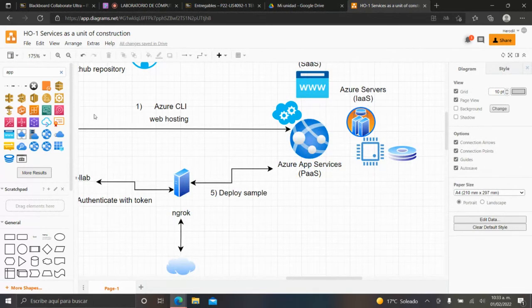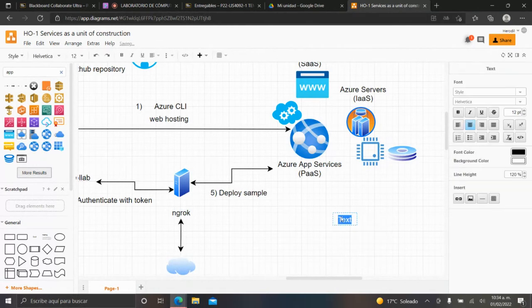So in fact, it was running already in the Google Cloud, but then we decided to put it on Azure and then add some things. As I said, in a moment we are going to see what is going on with ngrok. Okay, so that's Azure.